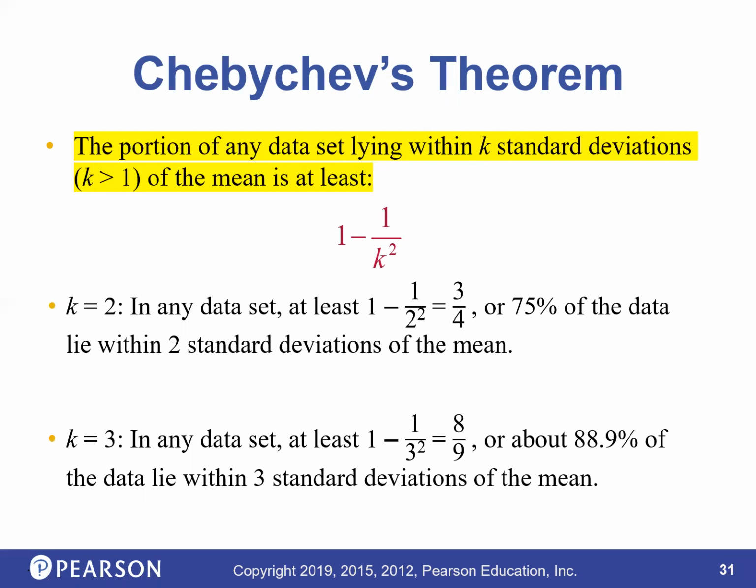If you have 3 standard deviations, that means you're looking at 88.9%. That's his theorem, right? Which means any kind of curve whatsoever, going up high, going low, sometimes having two hills on it instead of one, who cares, right? You are going to have that much data.